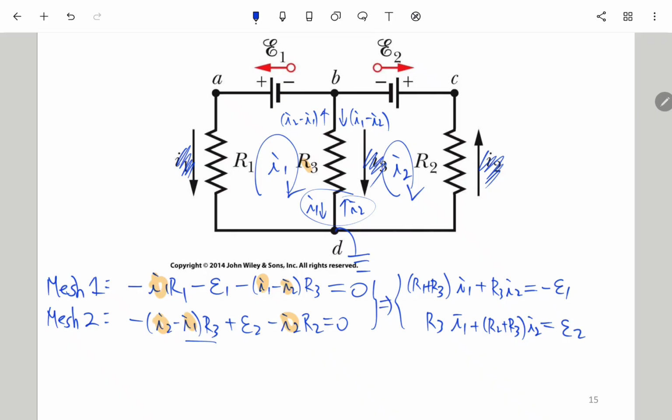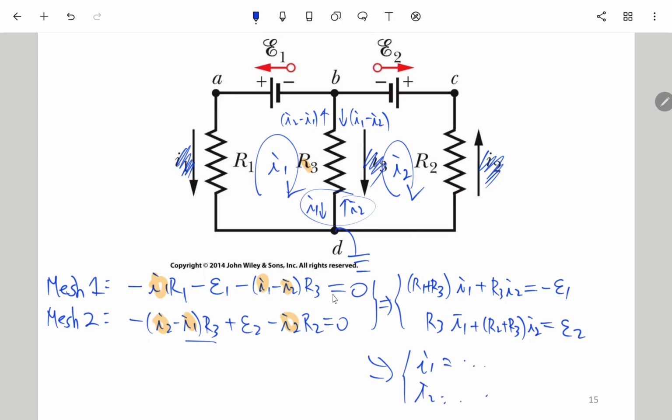Just some algebraic computation. We collect the terms with I1 here, I2 with R2 plus R3 here, and E2 here. So we have two joint equations with two unknowns, so we are able to solve I1 and I2.